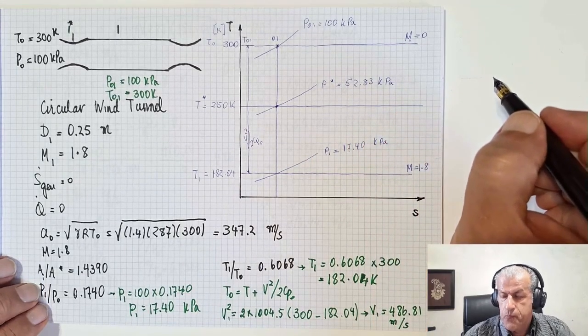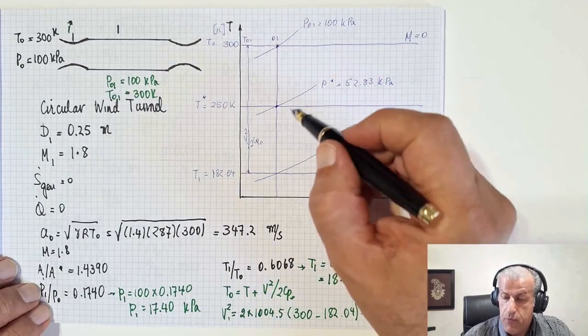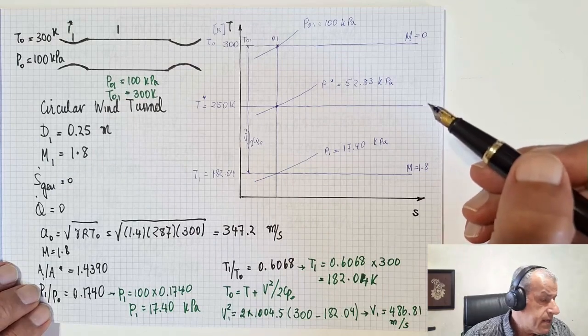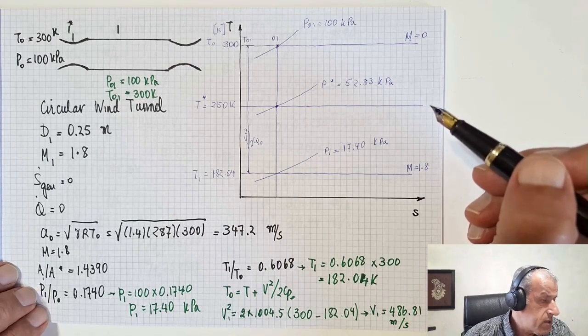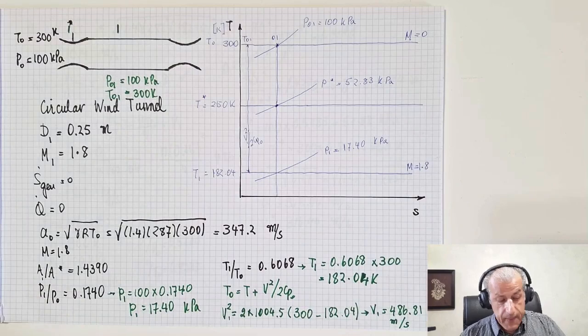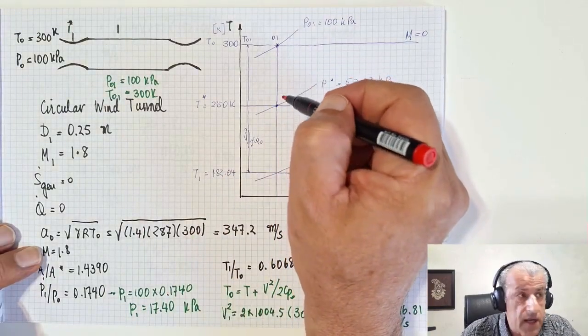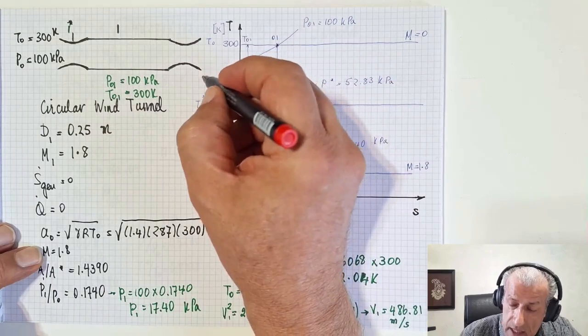So we have both P star and T star on this diagram. There is one important thing that you could show on this diagram, and that is that this range is subsonic.